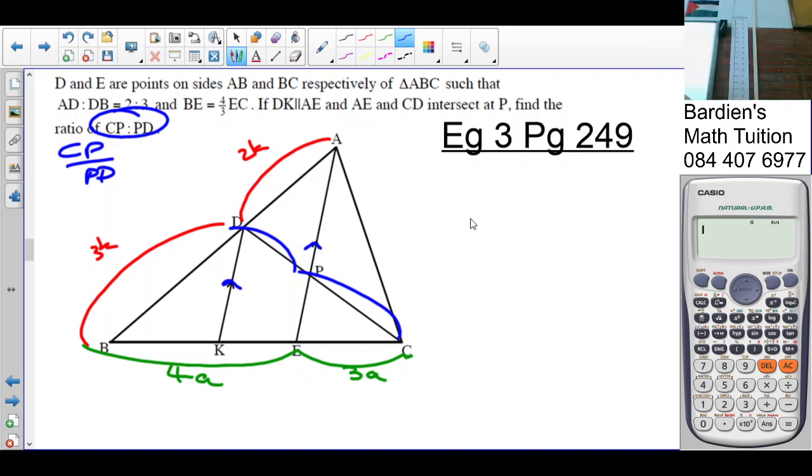Remember, here's the parallel lines. Here's your triangle, and that line is parallel. So CP over PD is equal to CE over EK. Do I have the length of EK? No, so that is what I need. I need to find EK first. How can we find EK? Now we look at this side of the triangle. EK, what do we have?